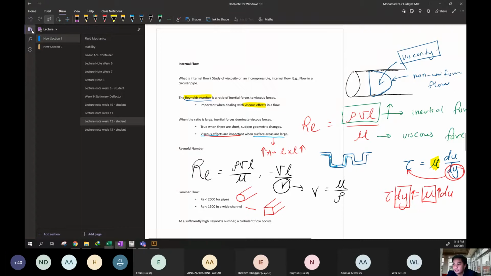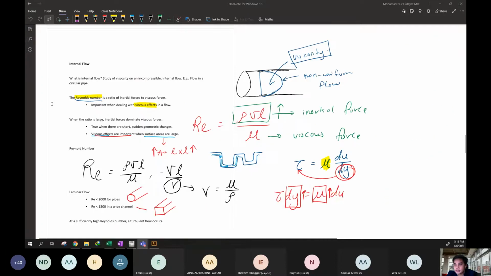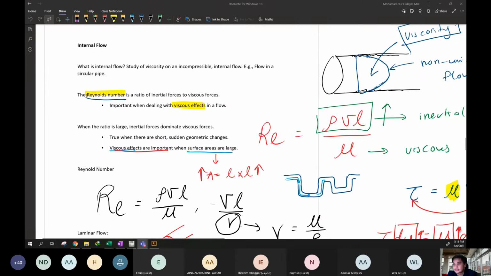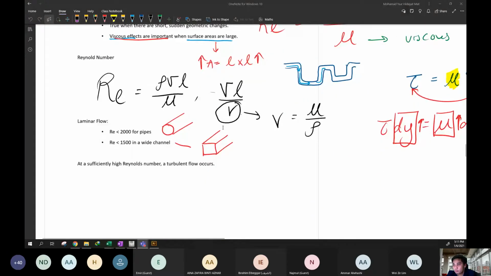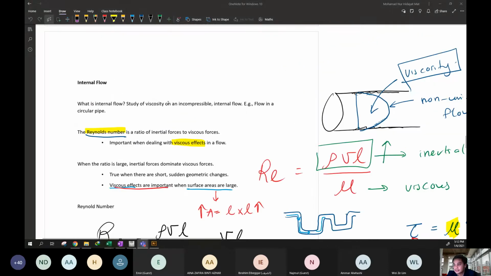So when viscosity is involved, definitely the common dimensionless parameter that is significant in this study is Reynolds number. Reynolds number is rho Vd or rho Vl over mu, where mu is the viscosity. That is why you can see this viscosity effect is the dominant factor in the internal flow.